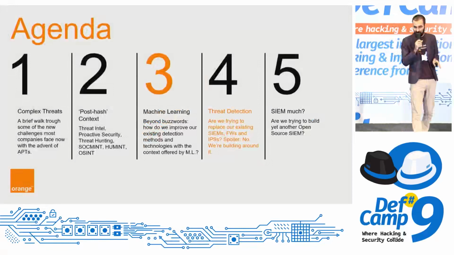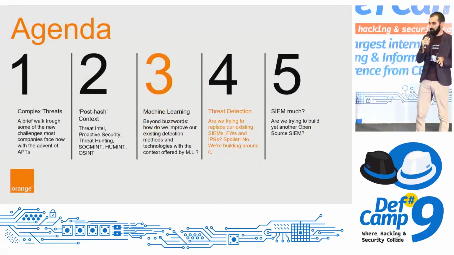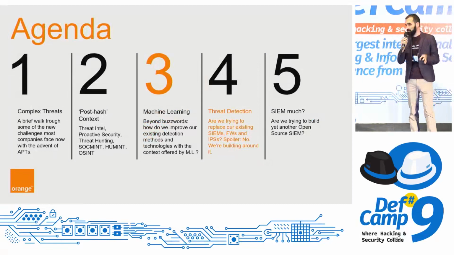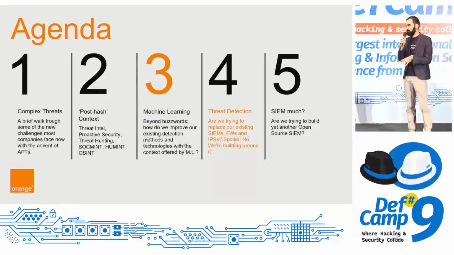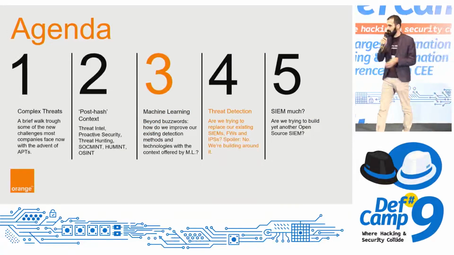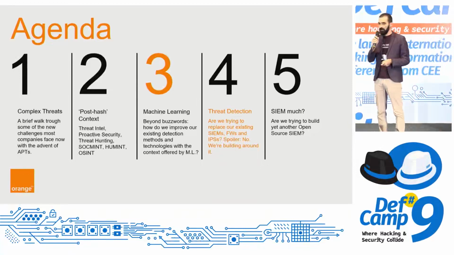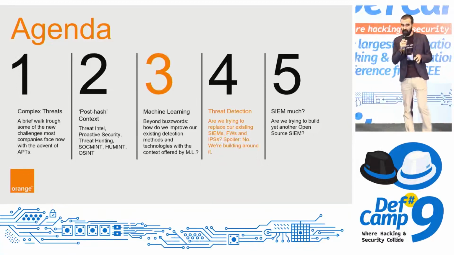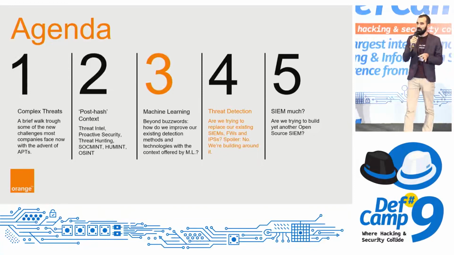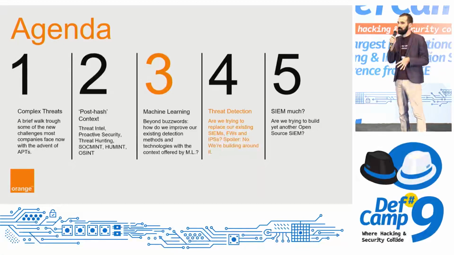On today's agenda, I'm going to go through what are complex threats. I'm not going to stress this point necessarily. I'm assuming that most of you are already familiar with APTs. I'm going to talk about context, the post-hash context, the post-signature context.